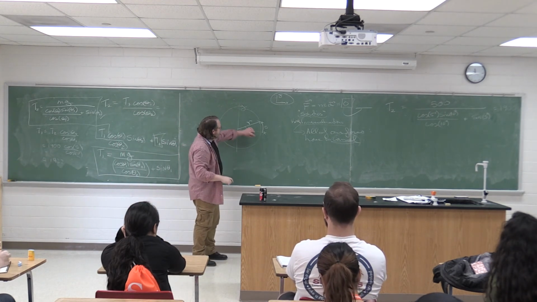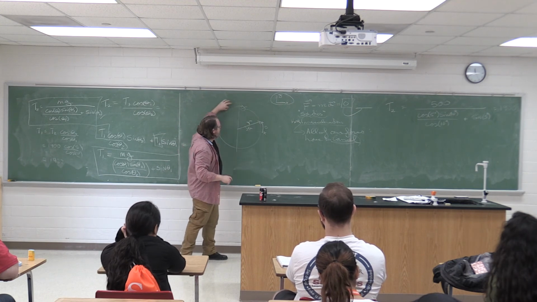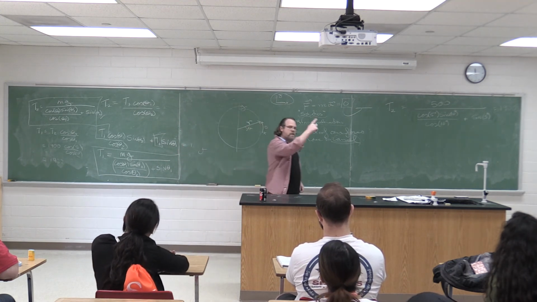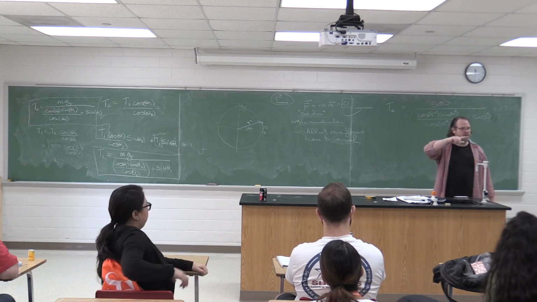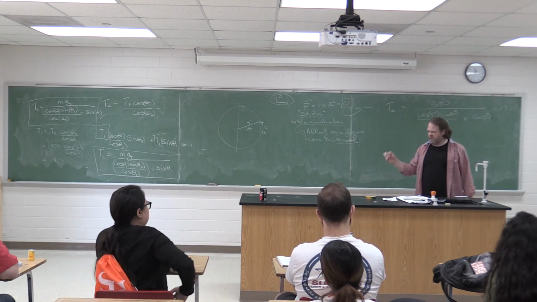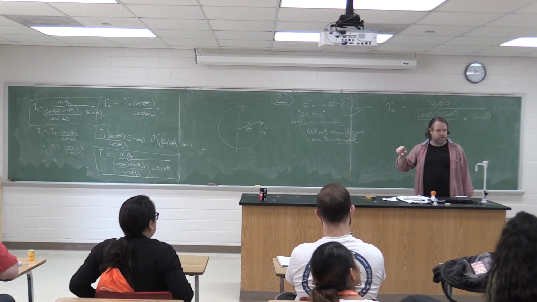Now, if we go all the way around once, the arc length is just equal to the circumference, right? So what's the circumference relative to the radius? 2 pi.